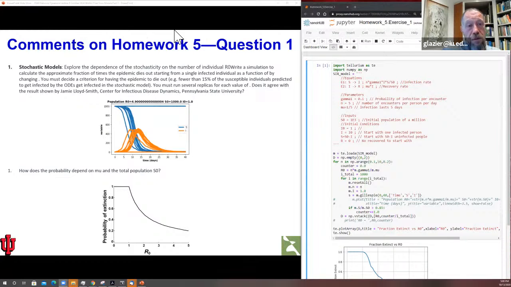I wanted to go over some of the homeworks because I think there were some issues people had with the homework this time. And I would like to do these as exercises. So I'd like everybody to boot up Tellurium on NanoHub, or if you're running it locally. And I'd like to go over some of the homework assignments.